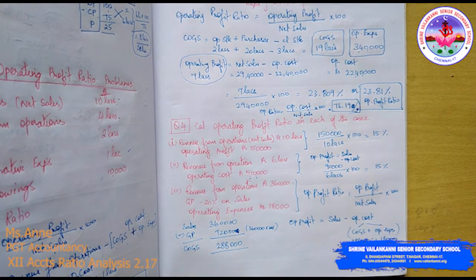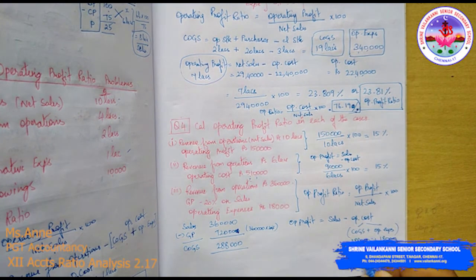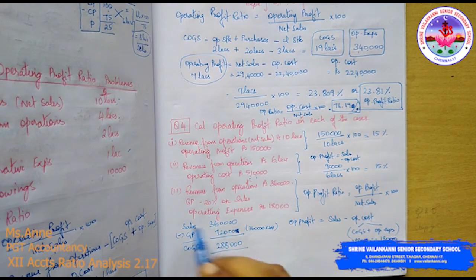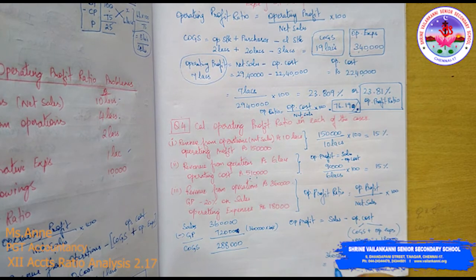So my operating cost comes to 3,06,000. Minus sales, what is my sales? 3,60,000. So 3,60,000 minus 3,06,000, my operating profit comes to 54,000.